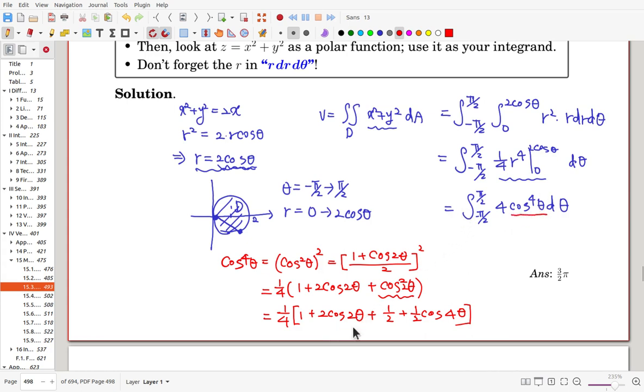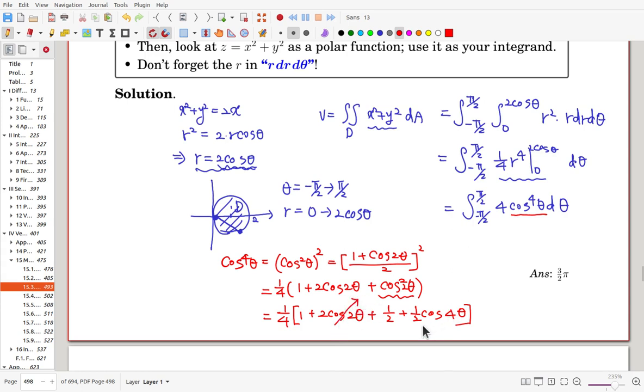Now, for each one, we can do the integration. Theta is moving from minus pi over 2 to pi over 2, so 2 theta is from minus pi to pi. That will make no contribution; the value must be 0 after integration.